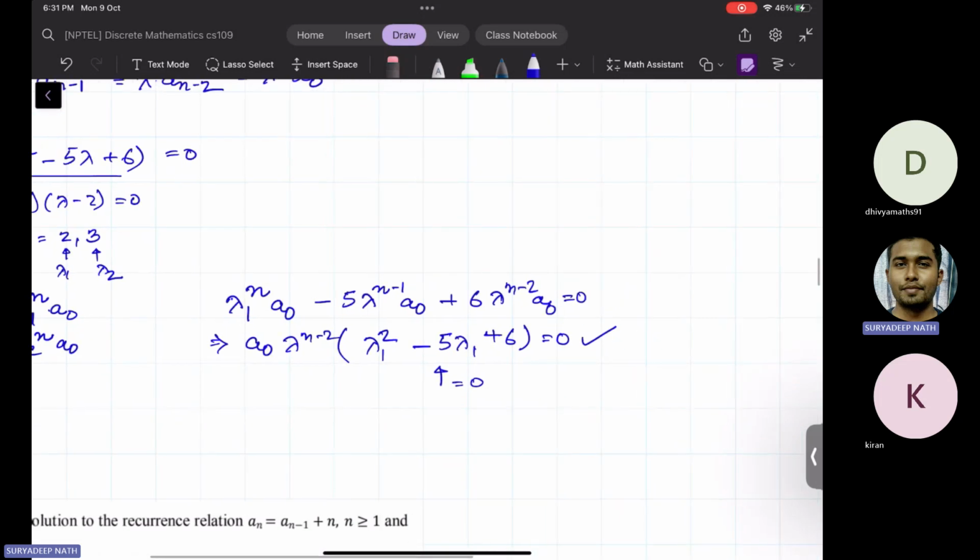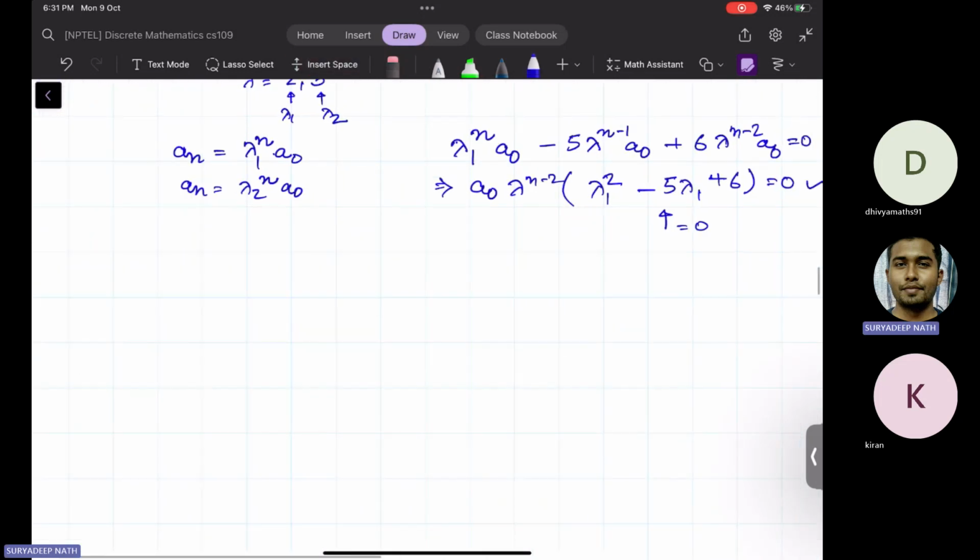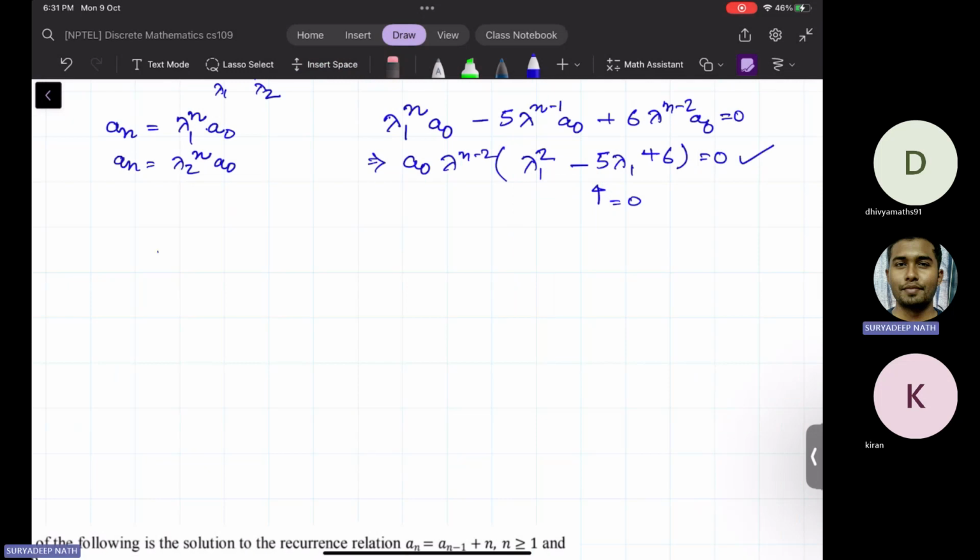So we have lambda 1 to the power n a0 minus 5 lambda 1 to the power n minus 1 a0 plus 6 lambda 1 to the power n minus 2 a0 equal to 0.